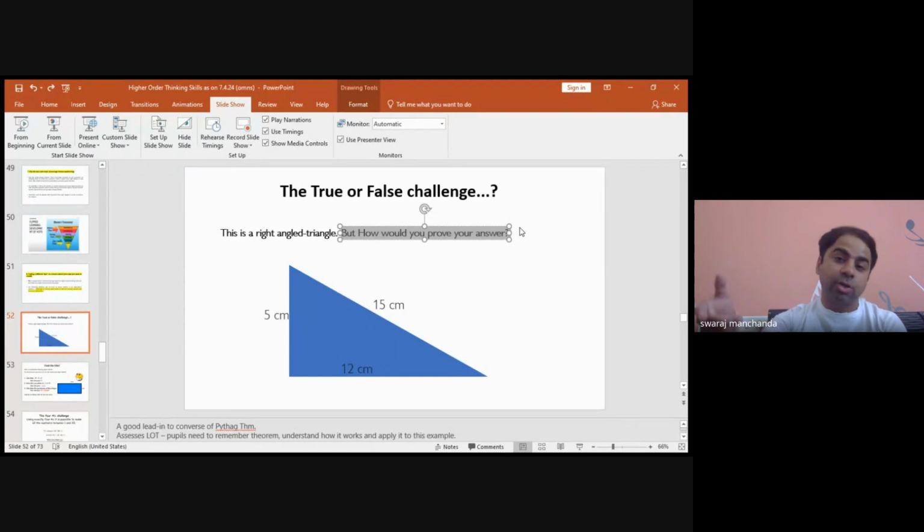Now the student has to apply Pythagoras theorem to prove this statement is true. And if it is not done, then it is false. Student has to prove that it is right using Pythagoras theorem. So Pythagoras theorem is being learned in a reversal manner. This is called spin. You use it once you have done the curriculum, once you have told the Pythagoras theorem.